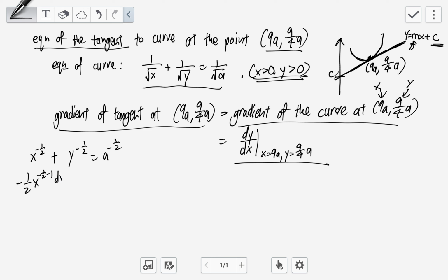If you use the chain rule, this is just this, but dx/dx is just 1, so usually we ignore this and don't write it. But for y, it's different.